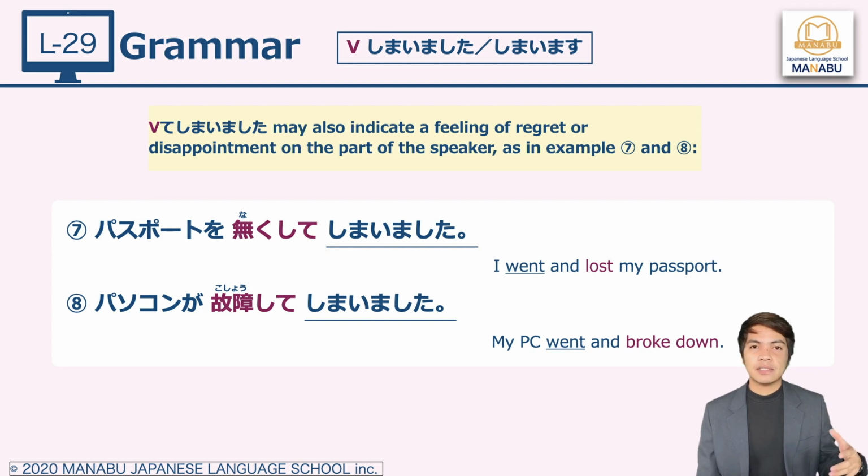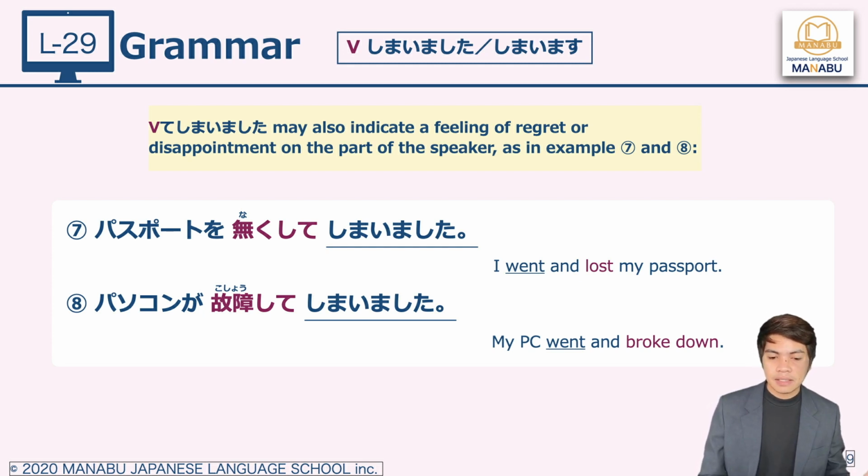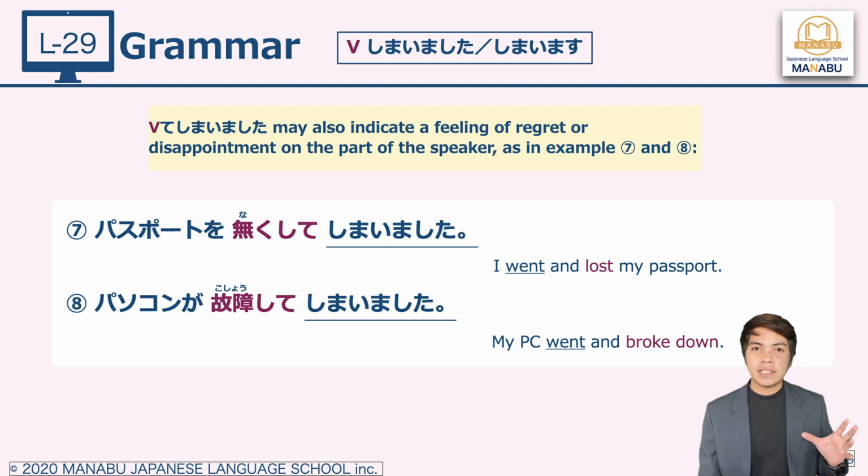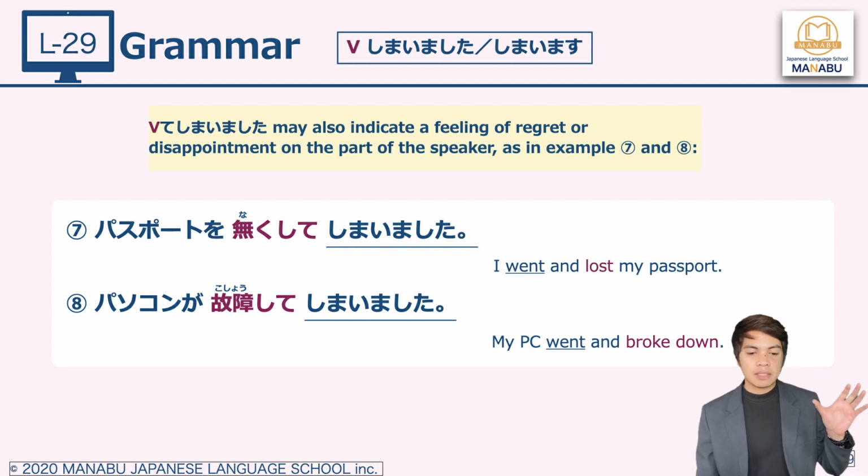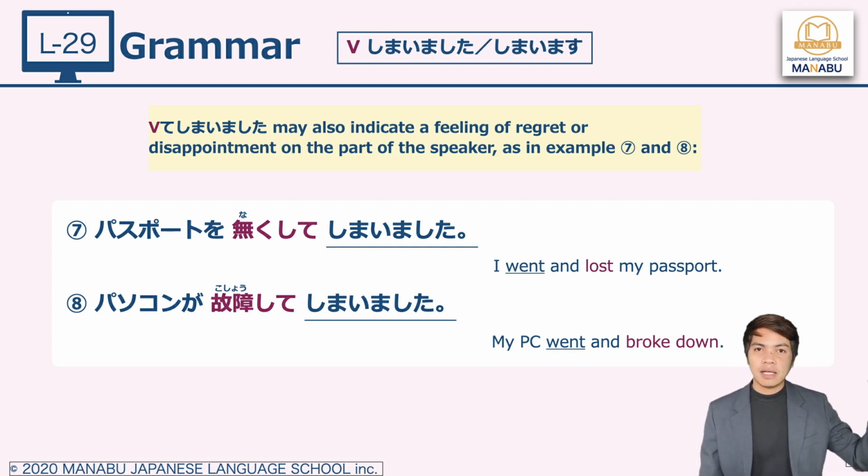Now if you lost your passport, you will feel regret or disappointment. So to express your feeling of regret, you will use te shimaimashita. From passporto nakushimashita, I lost my passport. Now to indicate your feeling of regret or disappointment, use nakushite shimaimashita. I lost my passport.